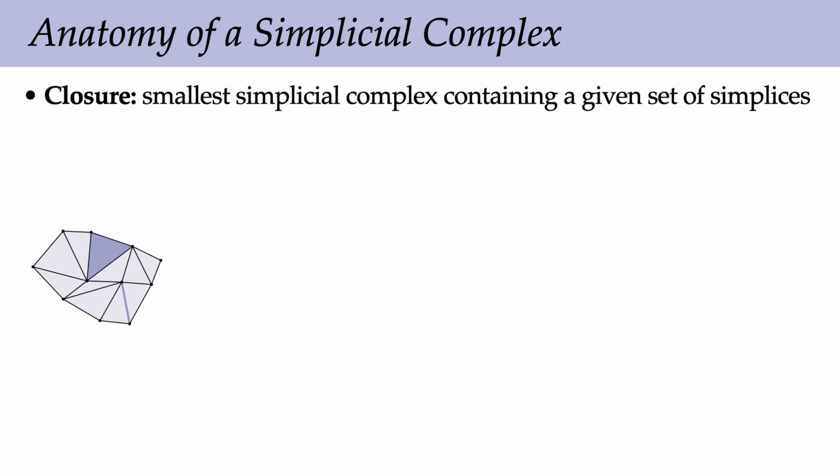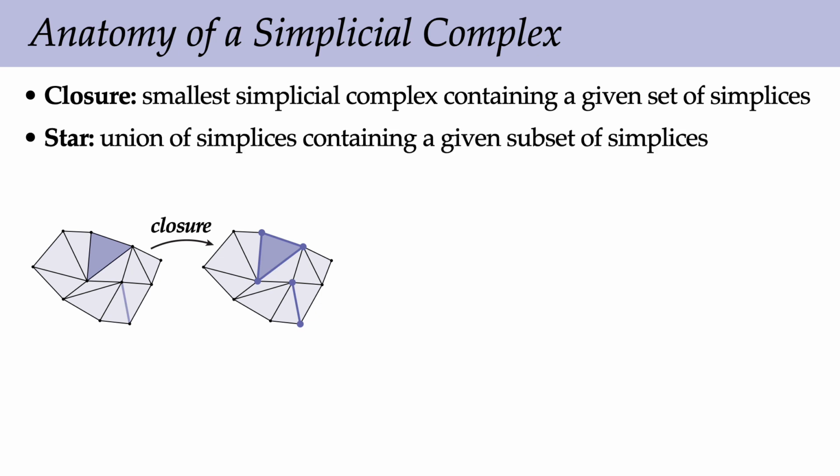What's the closure? Well, the important thing to remember here is a simplicial complex contains all of its faces. So the closure of this set is going to be not just the triangle and the edge, but also all the edges of that triangle, all the vertices of that triangle, and all the vertices of the edge. Okay? The star, a different operation, is going to be the union of simplices containing a given subset of simplices.